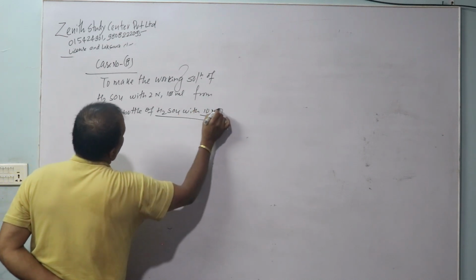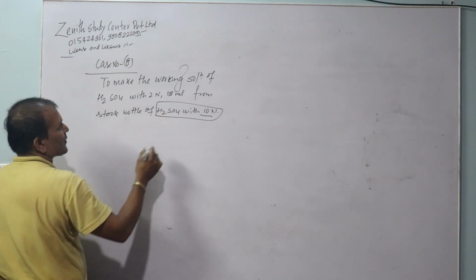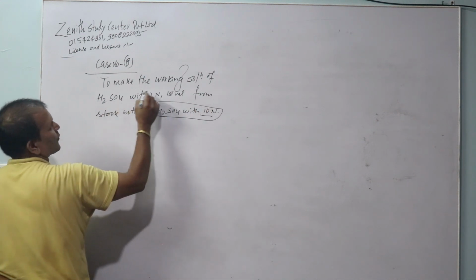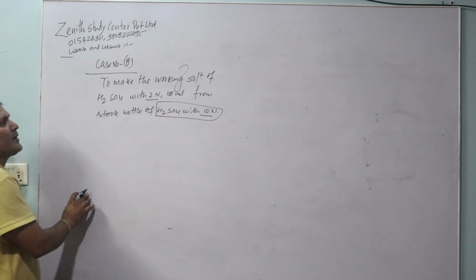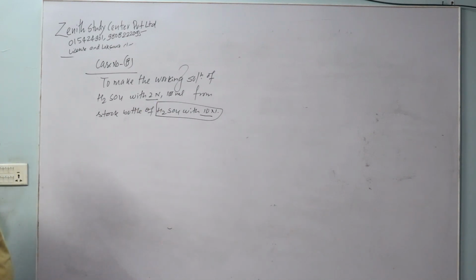Here 10 normal is the higher concentration, 2 normal is the lower concentration. It means that we have to dilute the 10 normal to 2 normal of 100 ml.